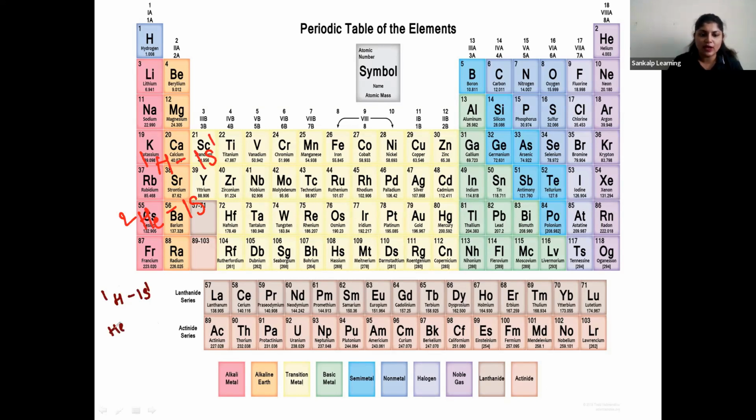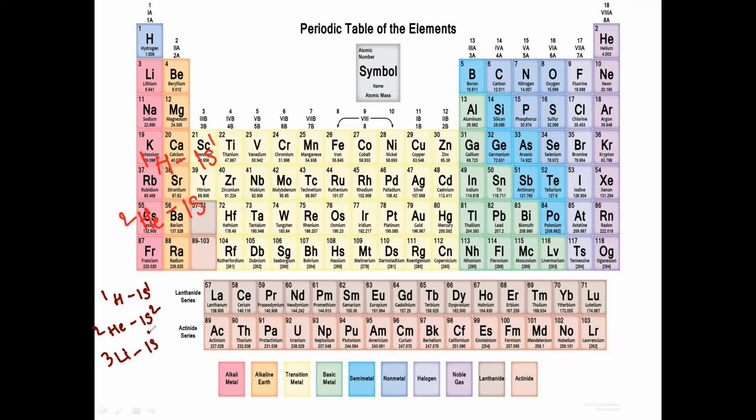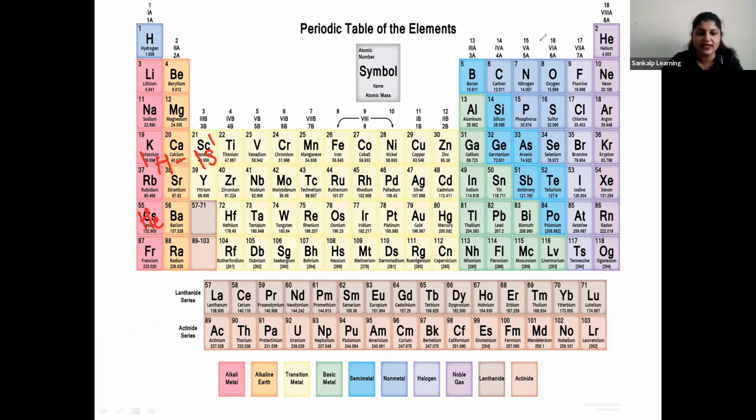Then helium, how many? 2. So it will be 1s2. Next is lithium. Lithium is 3. So how will it be? Do you want to see that also? Do you know the first 20 elements? Yes, ma'am. Okay, I will go to the Aufbau principle itself, and after seeing that you will be able to write it.